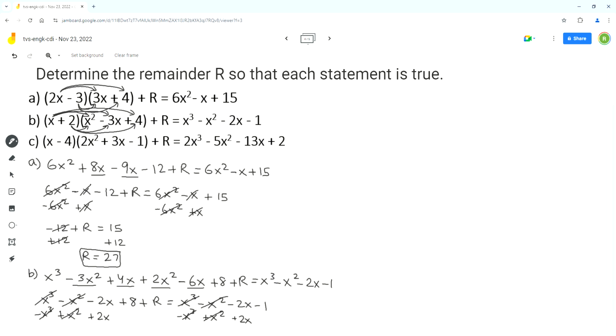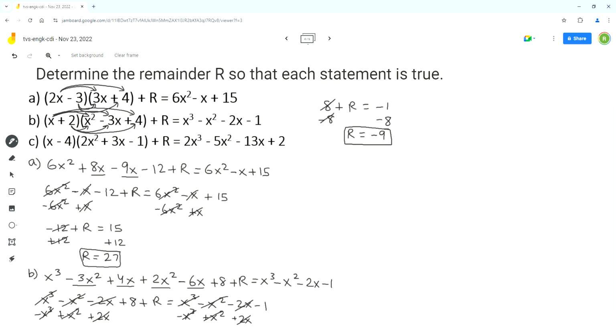And the x terms get cancelled out. So we are left with, we can isolate r by subtracting 8 from both sides. I get r equals -9. This should be the final answer for part B.